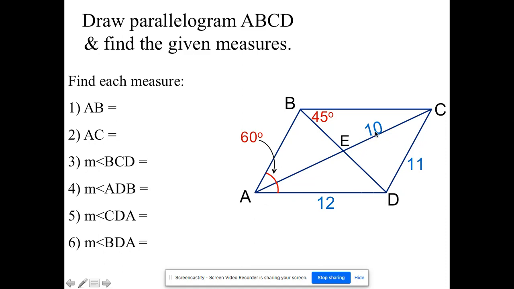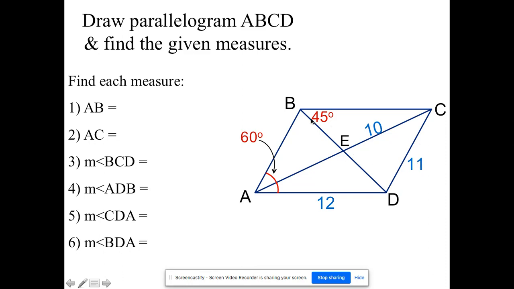We've got a 10 here, so I'm going to say that EC here is 10. I've got this angle right here, angle A is 60 degrees, or angle BAC, because over here our angles are all written with 3 letters. And then we've got CD, or DC, as 11.